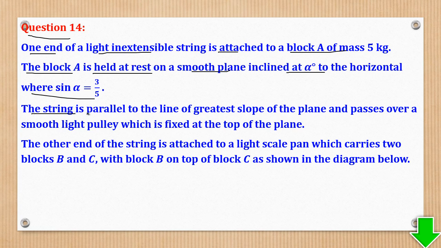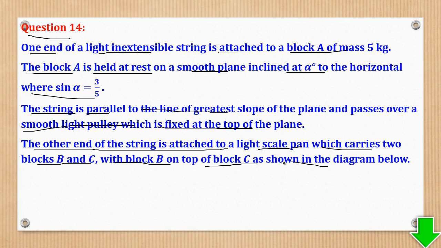The string is parallel to the line of greatest slope of the plane and passes over the smooth light pulley, which is fixed at the top of the plane. The other end of the string is attached to a light scale pan, which carries two blocks B and C, with block B on top of block C as shown in the diagram.